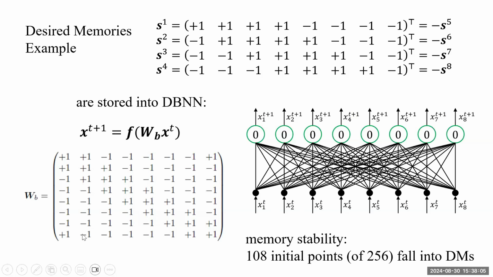In this case, memory stability is evaluated by the number of initial points. 108 initial points of 256 fall into desired memories.